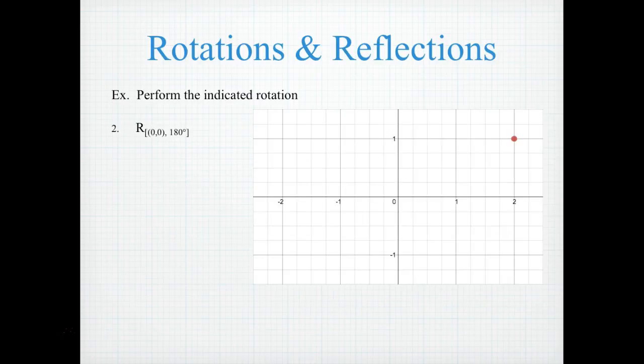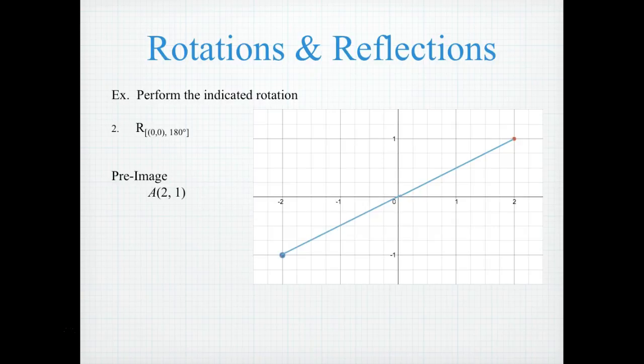Next, we'll have a rotation of 180 degrees about the origin. Again, my pre-image represents the coordinate 2, 1. We draw a line segment from the pre-image to the origin, and then 180 degrees continues in that same direction, the same distance.